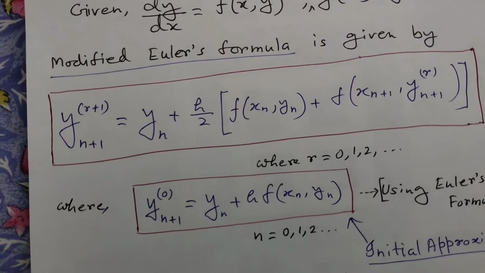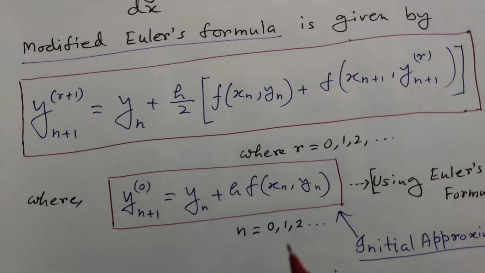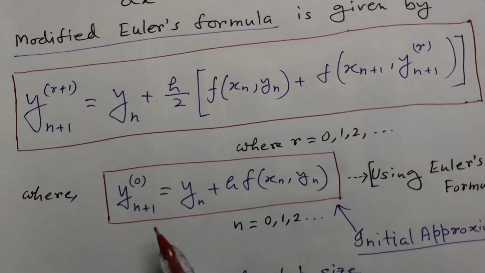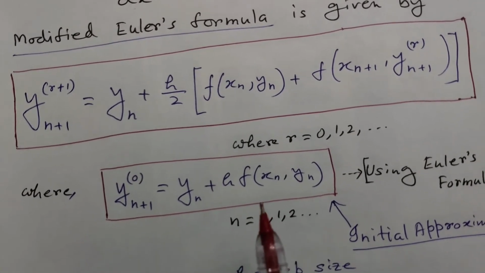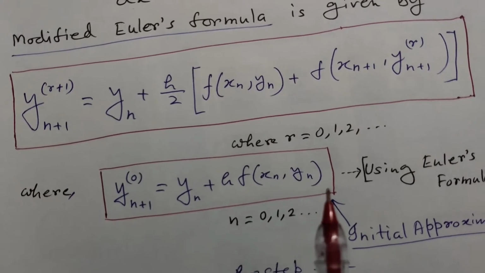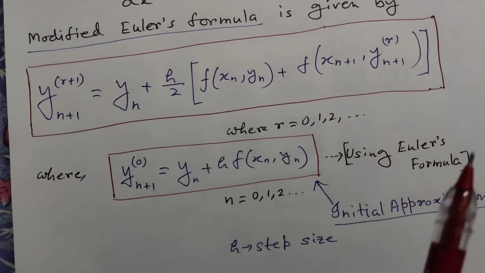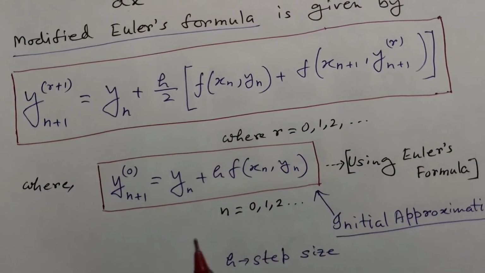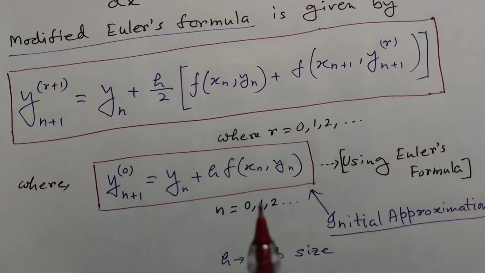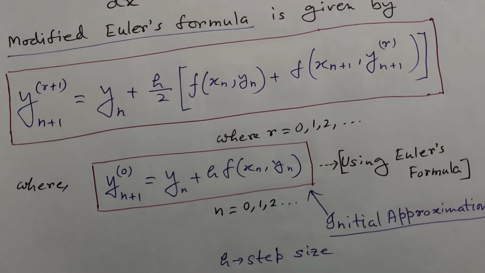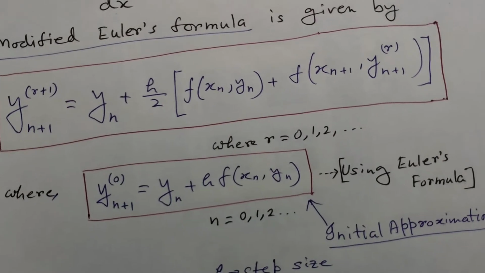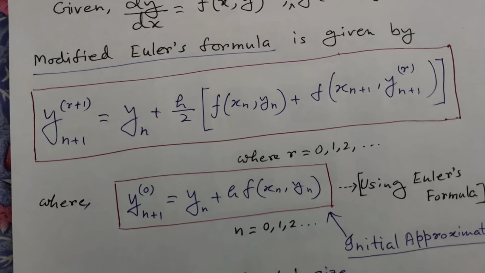Again, y(n+1)^(0) equals yn plus h f(xn, yn), using Euler's formula. Here n is 0, 1, 2 and other values; it also depends on the problem.